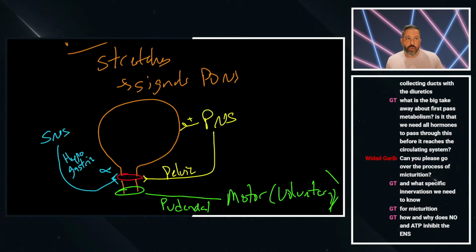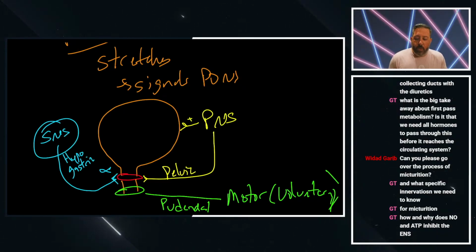Again, go back to a little bit more of your SNS, sympathetic nervous system. ATP, nitric oxide are usually going to be more stimulatory. So if you're in a stimulatory environment, you don't want your GI system to do anything.